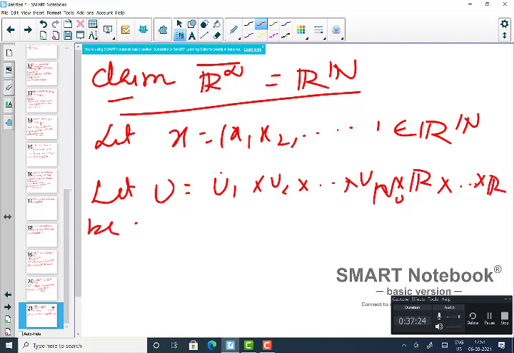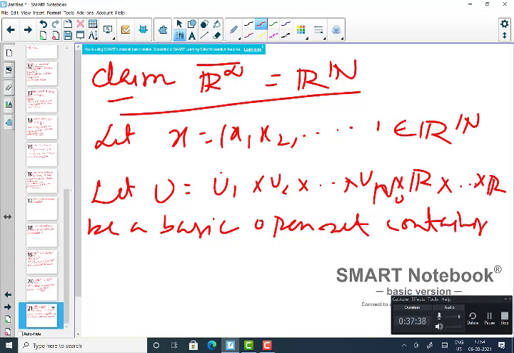So let U be a basic open set containing x. That is, these xi's are inside Ui's. Okay. Then I need to show that U intersects R infinity. So how to show that U intersects R infinity? If you show that there exists a common point that belongs to both U and R infinity, then you are done, right?